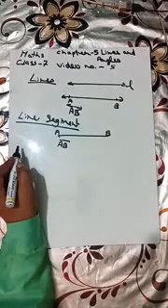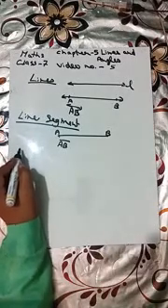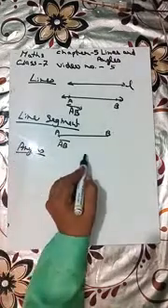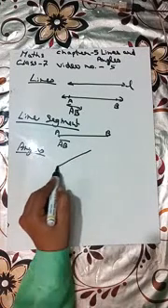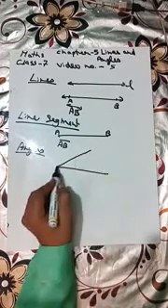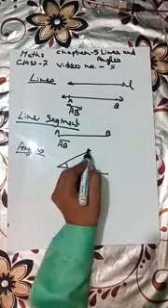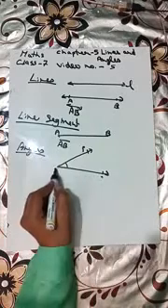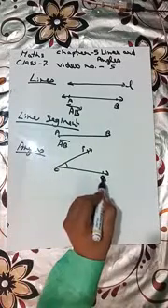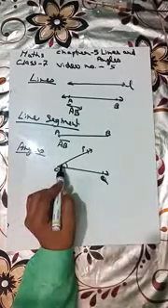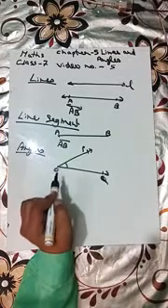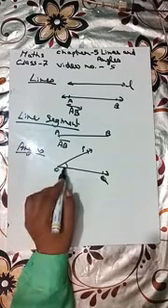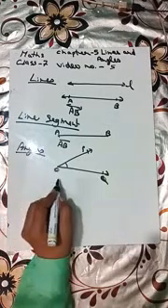Okay, now let's come to angles. See, when two lines or two rays incline to each other, they form an angle here. The angle is actually this thing. If you have to name an angle, there are two ways.